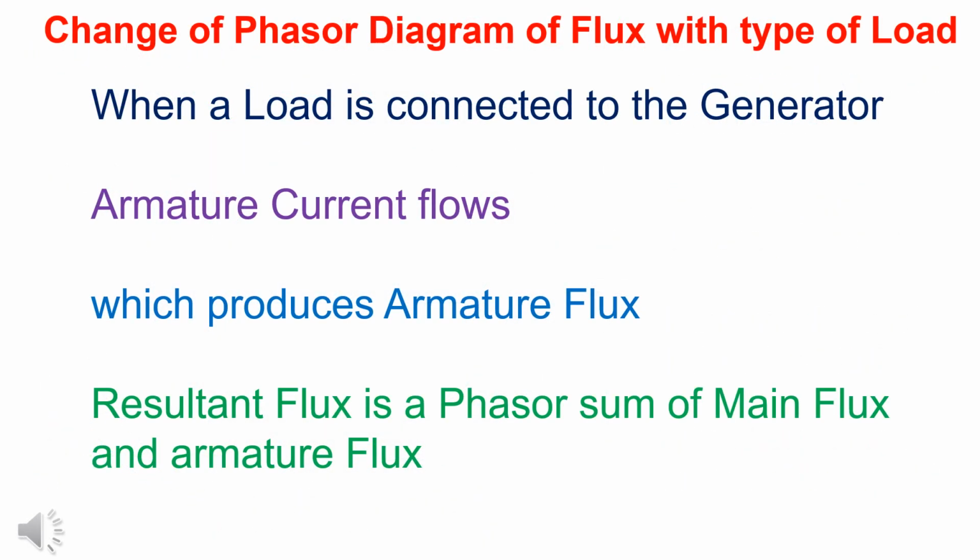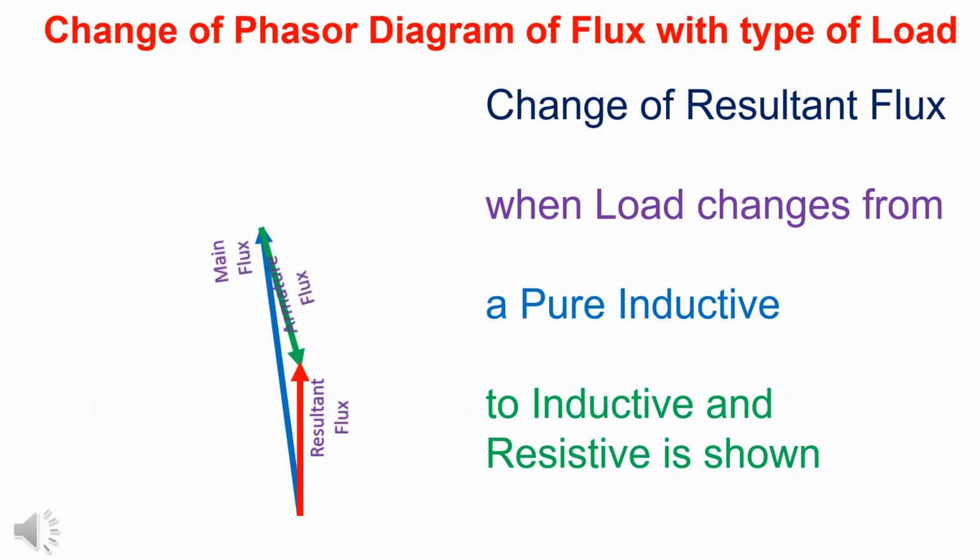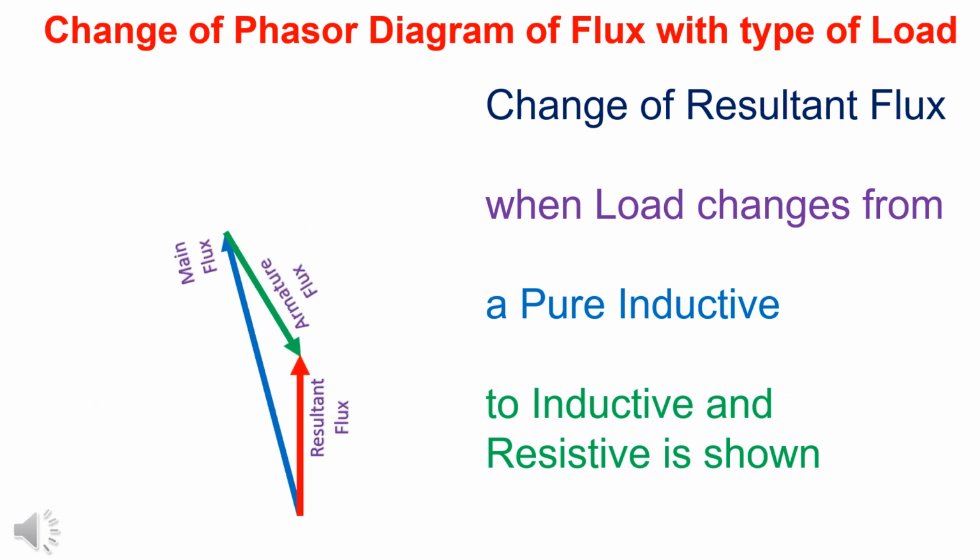When a load is connected to the generator, armature flux is produced due to armature current. It opposes or aids the main flux to produce a resultant flux. Change of resultant flux is shown when load changes from pure inductive to inductive and resistive.